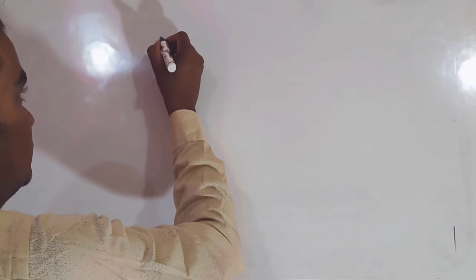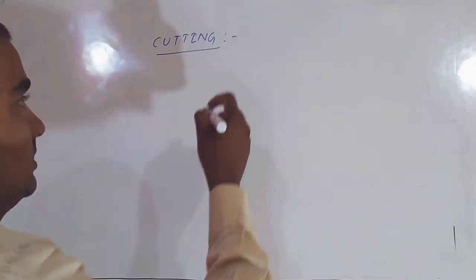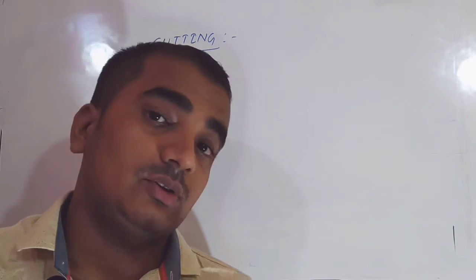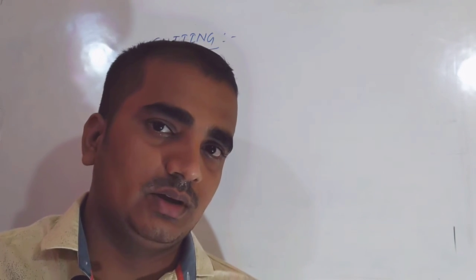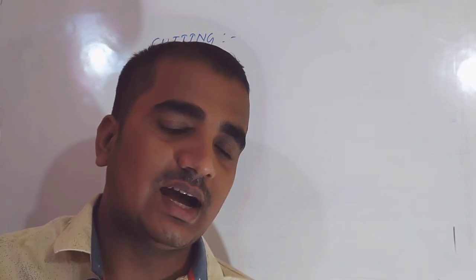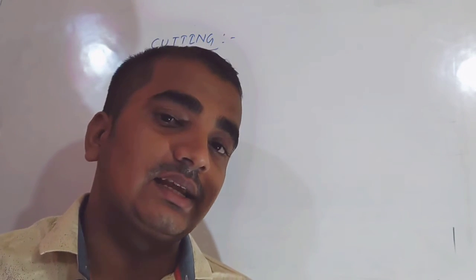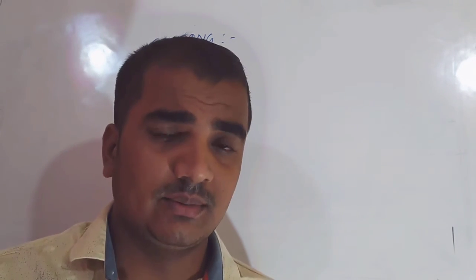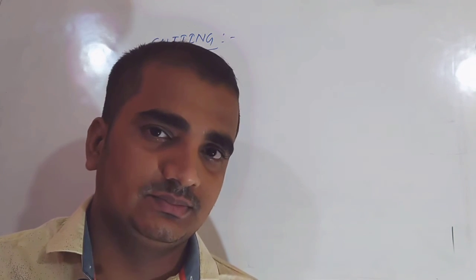Cutting is an artificial method in which any portion, just like the leaf or the root or the stem, has to be cut and planted in the soil, and adventitious roots and a shoot system develop, and finally the cut part of the plant grows as a new plant.